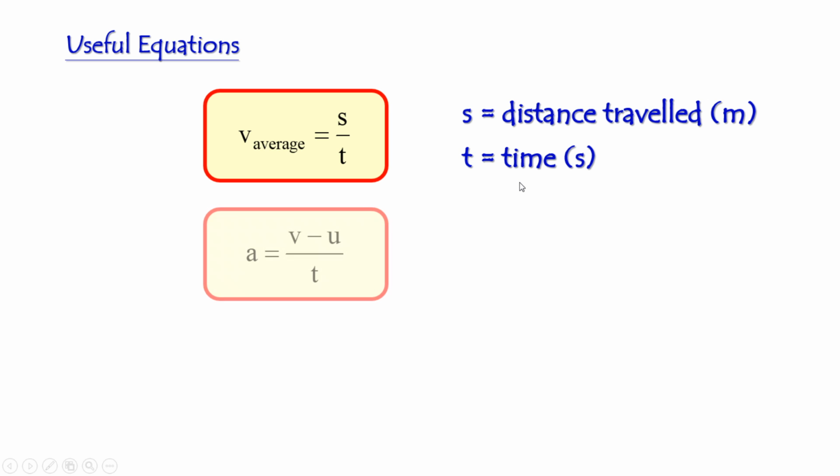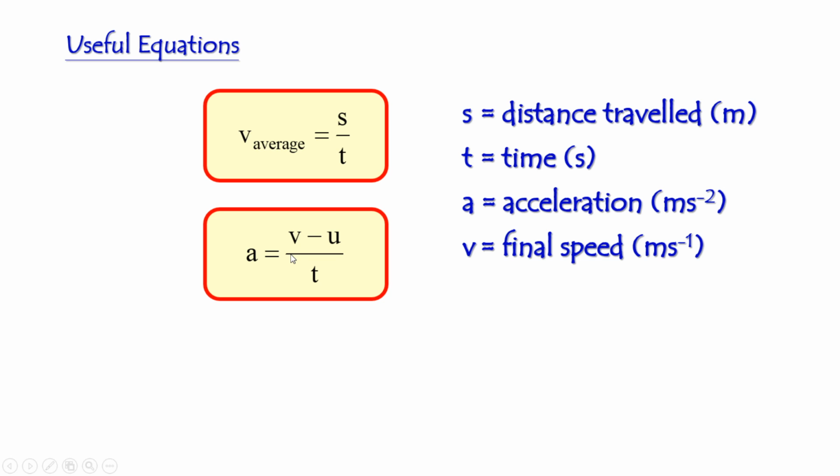And the second one, on page 2, is the acceleration of an object. The acceleration of an object can be calculated by its final speed minus its initial speed.